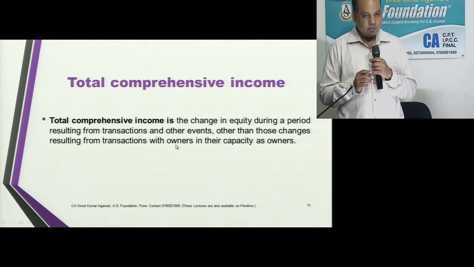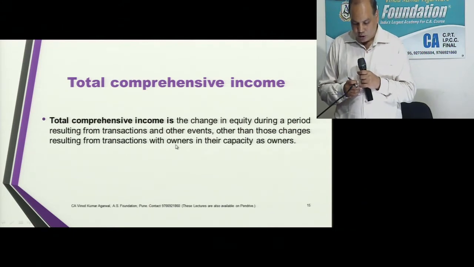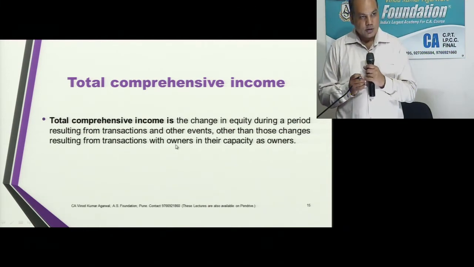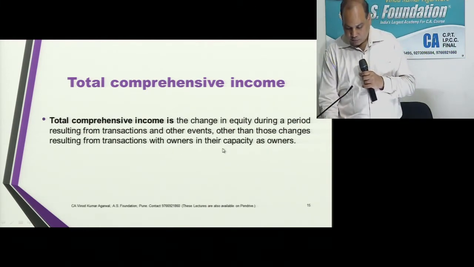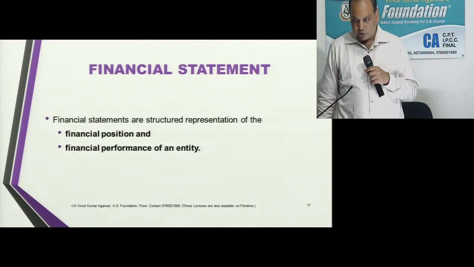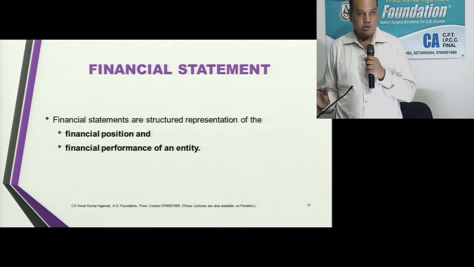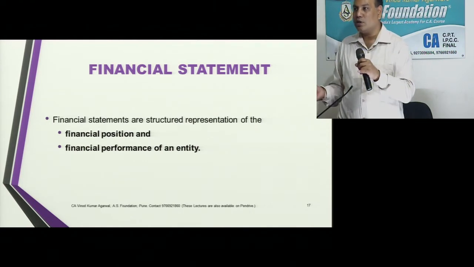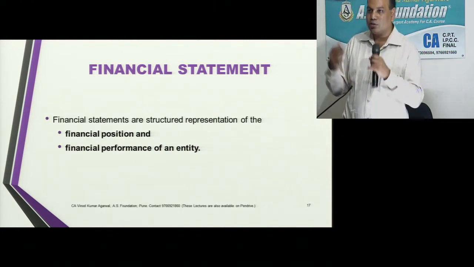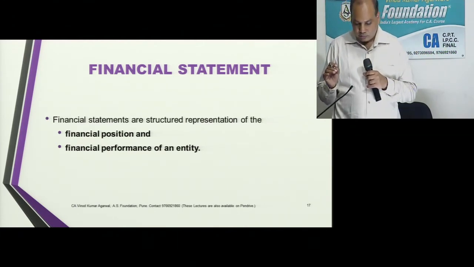Total comprehensive income is the change in the equity during a period resulting from transactions and other events other than those changes resulting from transactions with owners in their capacity as owners. So it is both realized and unrealized profit. That is why now the format is P&L account plus other comprehensive income, so that how much is the net addition or net deletion to the equity during the year is given by this total comprehensive income.